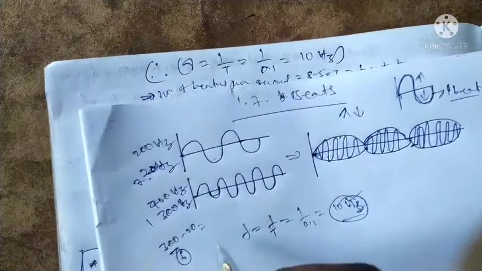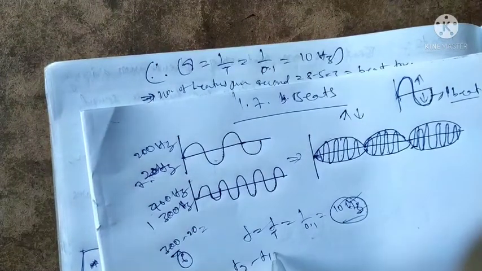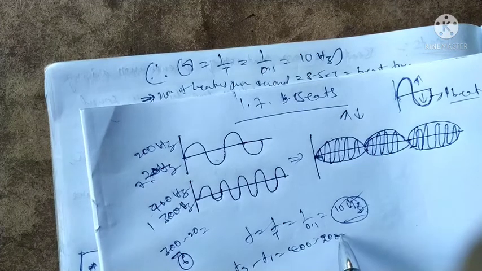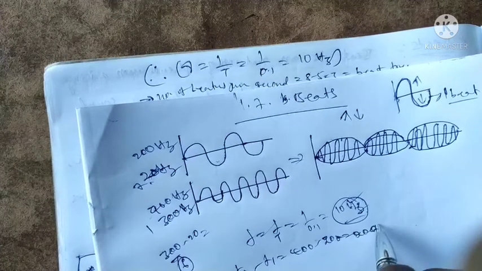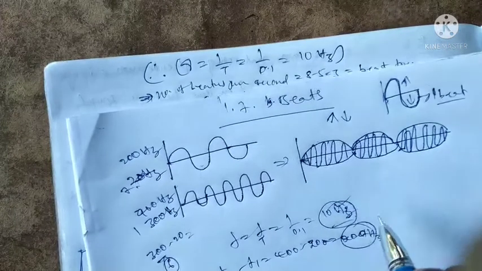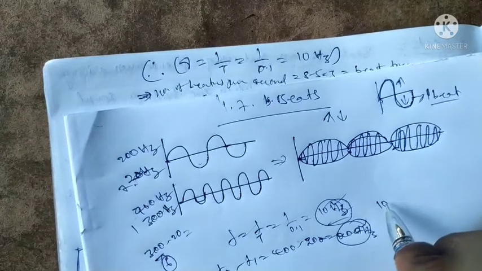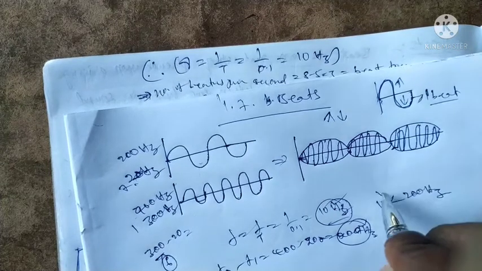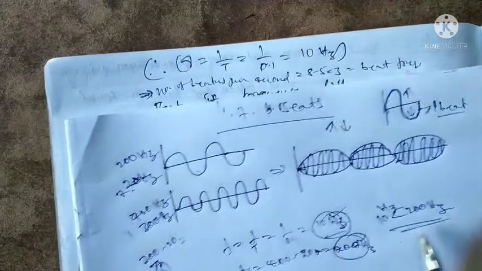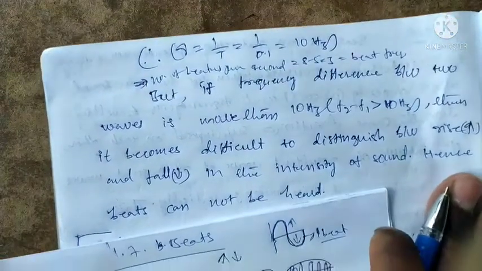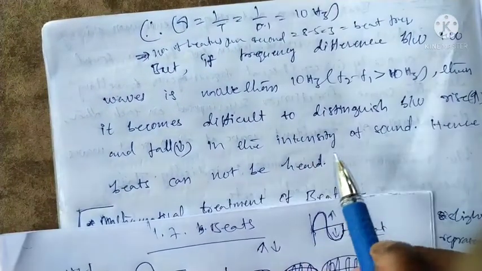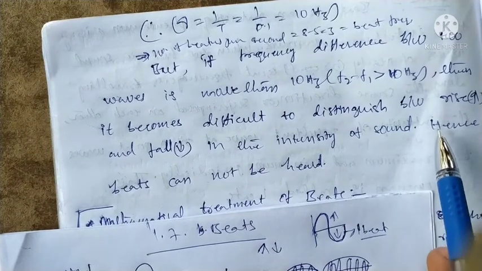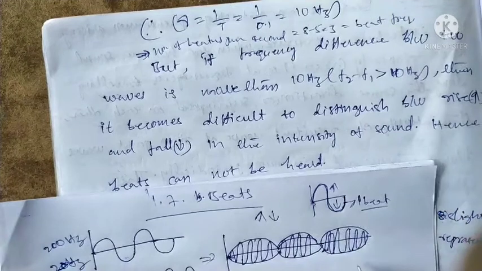The difference f2 minus f1 is 400 minus 200, that is 200 hertz, which is above 10 hertz. It is difficult to listen to the sound from the beat at this frequency, so no beats can be formed.